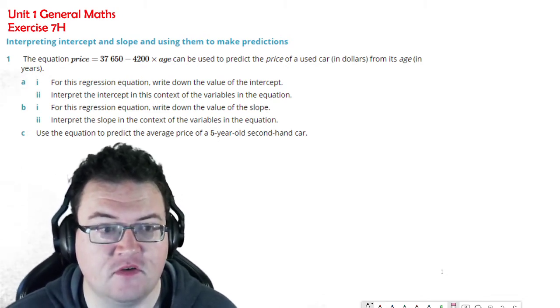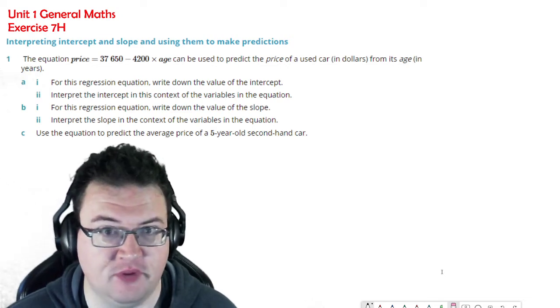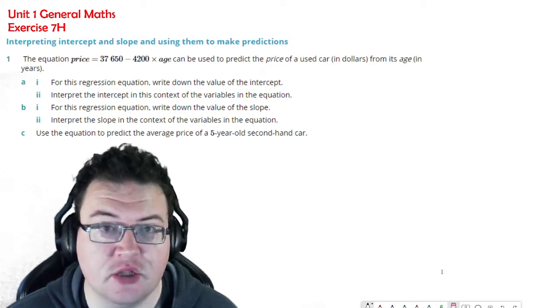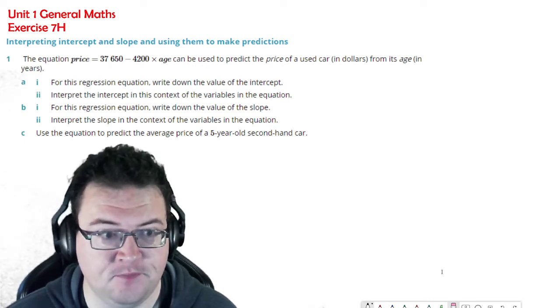All right. So if we look at the equation and we replace age with 0, the price is going to be 37650.